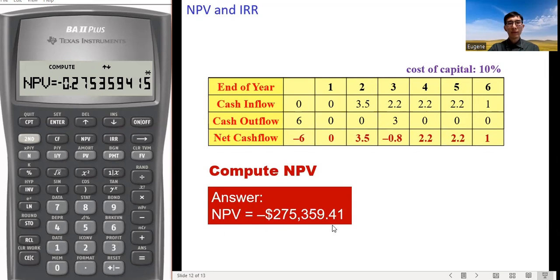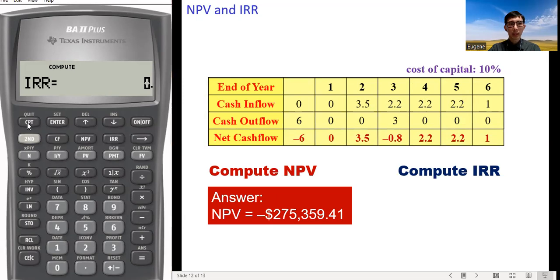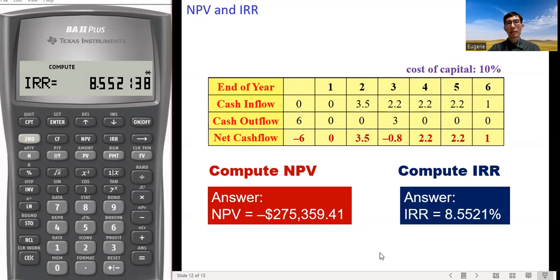So here the NPV is -$275,359.41. And then the IRR, press the IRR button, CPT, compute. And we get the IRR equals 8.5521%.